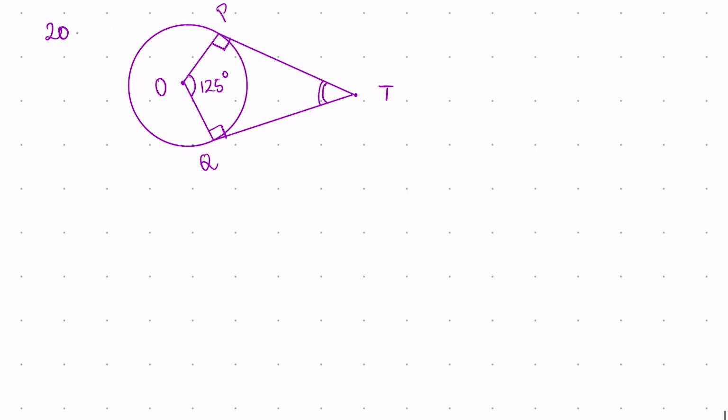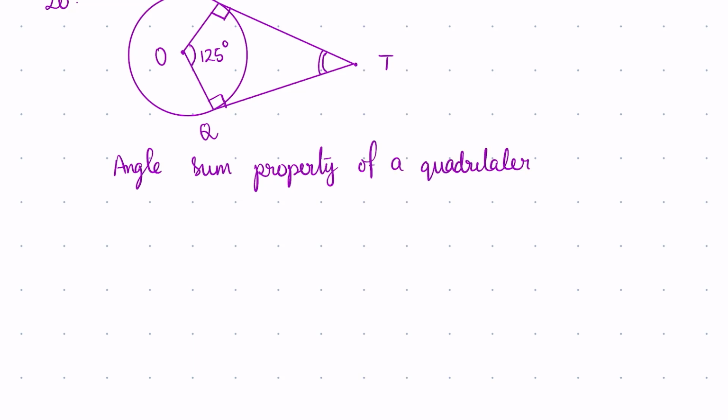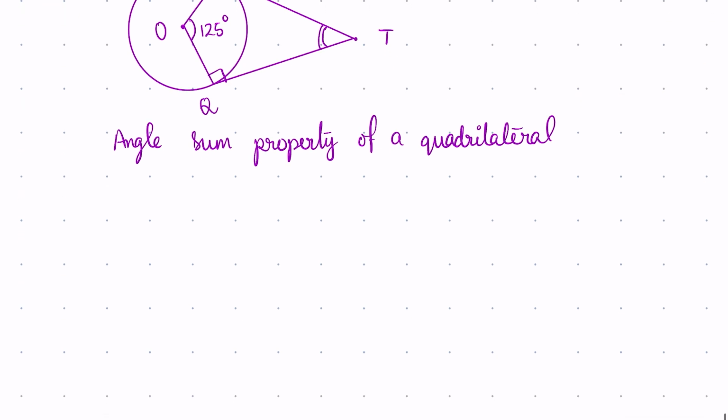All right, since I know the other three angles, I can use the angle sum property of a quadrilateral, which is nothing but 360 degrees. So 125 degrees plus 90 degrees plus, let's call this angle PTQ plus 90 degrees should be equal to 360 degrees, right?